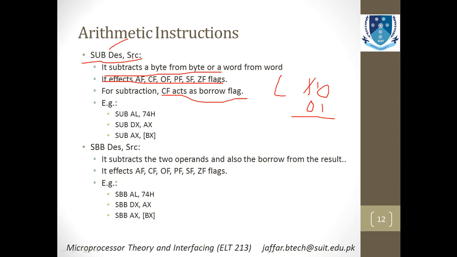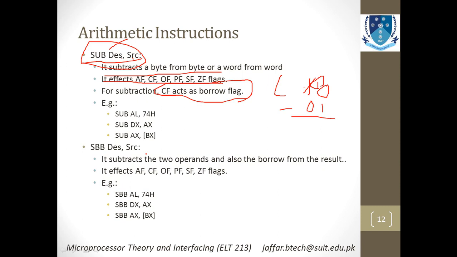So for that you also need a carry flag, and this carry flag will act as a borrow flag. You will actually have to borrow this one from the neighbor so that you can subtract it. So this is the purpose of this instruction set, that is subtraction of source from destination.